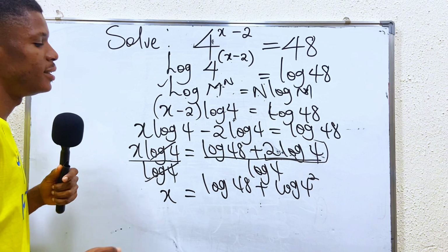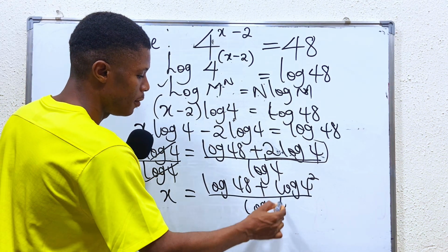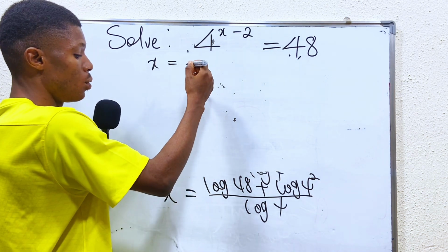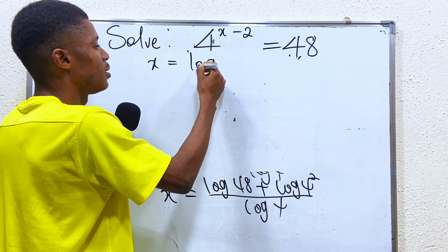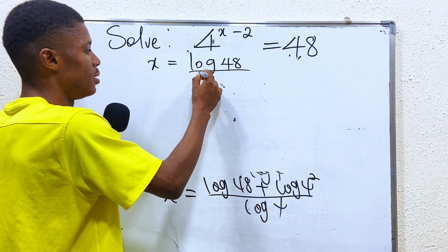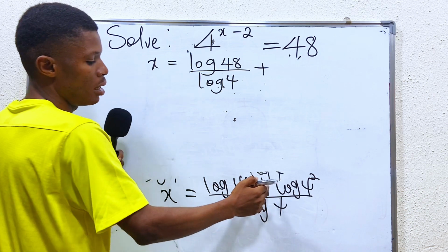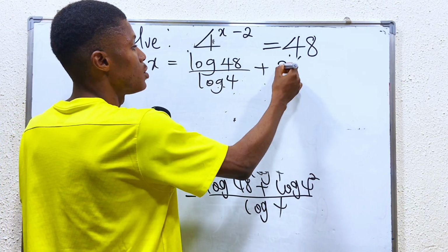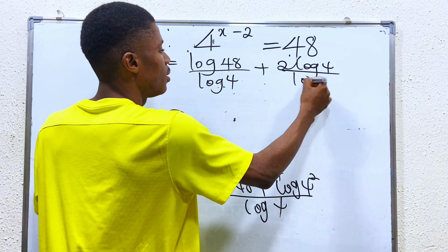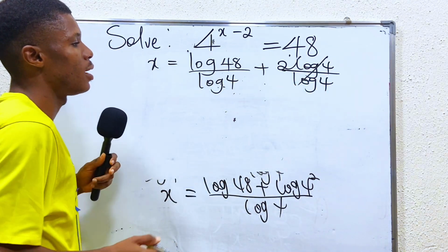Then divided by log 4, let's split the fraction. We will now have log 48 divided by log 4 plus 2 log 4 over log 4. So here log 4 will cancel out log 4.